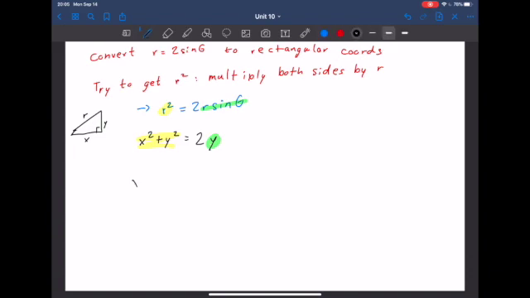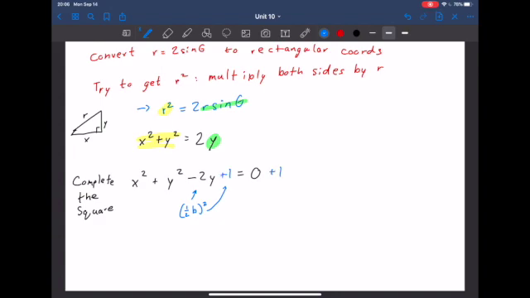And then when you have an equation like this, you can always complete the square. We're going to complete it for the y variable. It's half b, squared, goes here. So that's a positive 1.